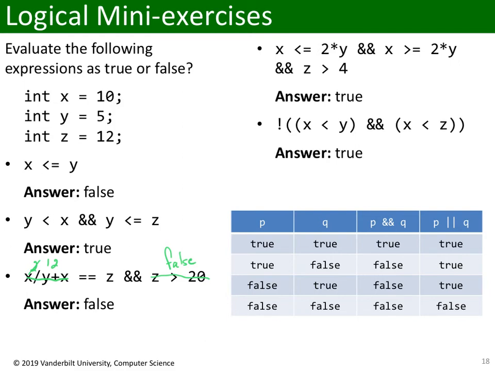So 12 is equal to z, z is 12, so this would take on the value true. Now we have true and false. True and false is going to have a value of false. And that's what we got. I'll leave these for you to work through as exercises for the student.